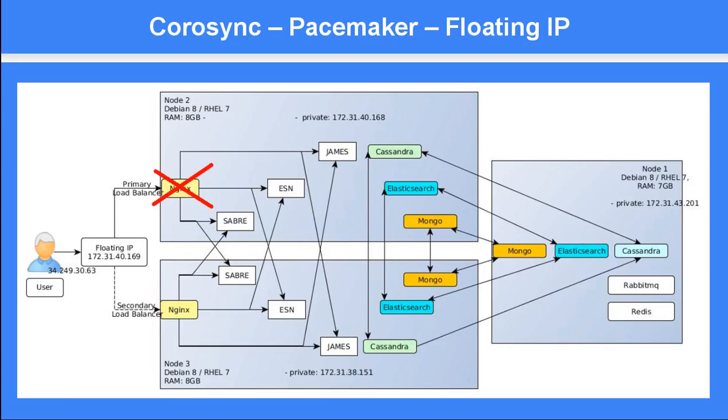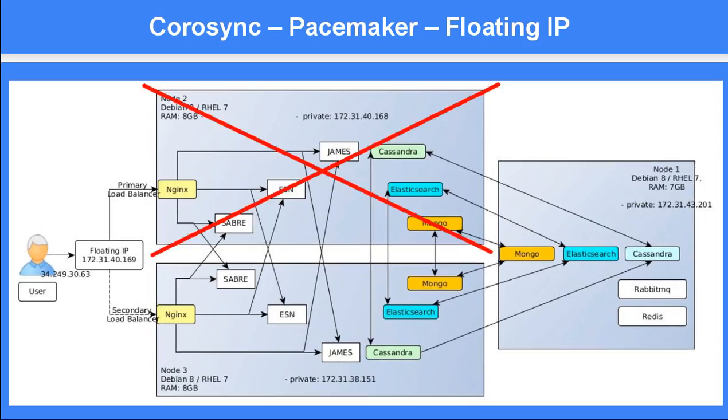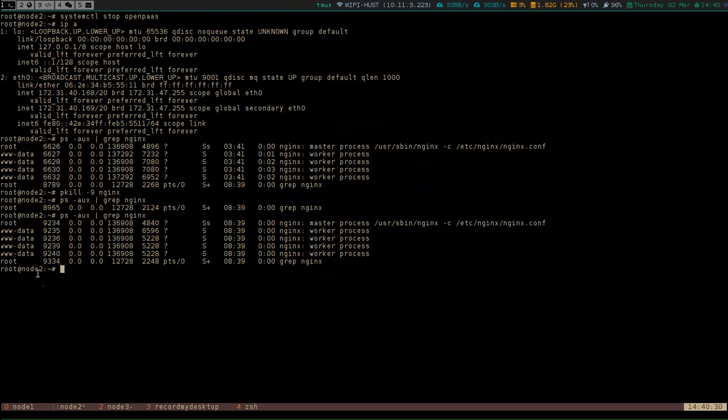So the next scenario is I will try to kill node 2, and the expectation here is the floating IP will be reassigned to node 3, and requests from the user are normal. Okay, this is node 2, and I will power off this node. Okay, powered off.